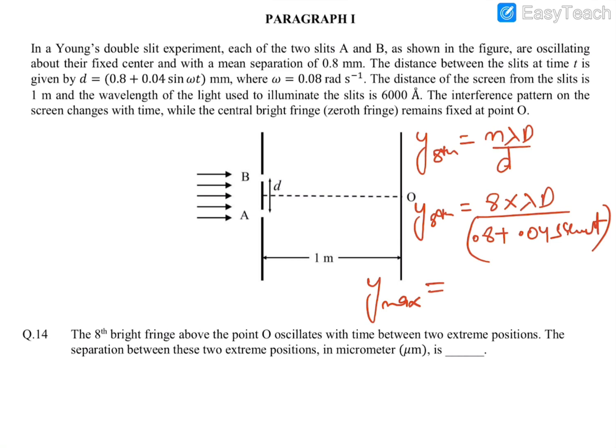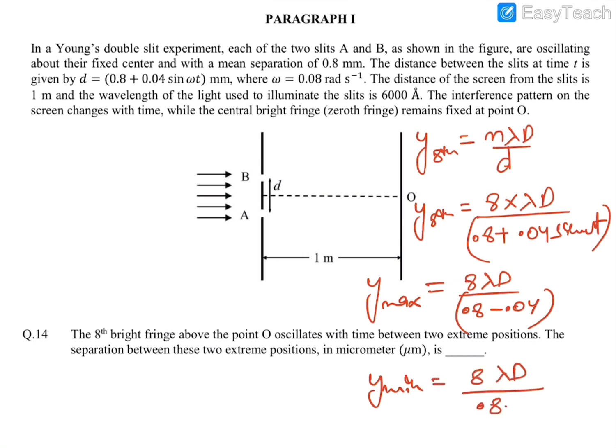So y max is 8 lambda D by 0.8 minus 0.04, while y minimum is 8 lambda D by 0.8 plus 0.04. These are the two extreme positions of the 8th bright fringe.